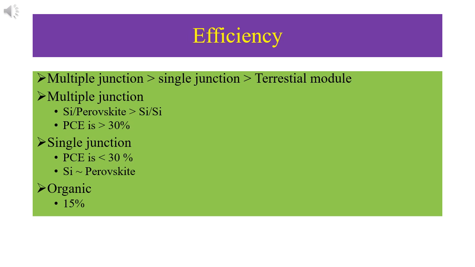For example, SSC/PSC exhibits a PCE greater than 30%, which means that the SSC and PSC are combined in one cell. Please refer to Lecture 2 for official certification sites.